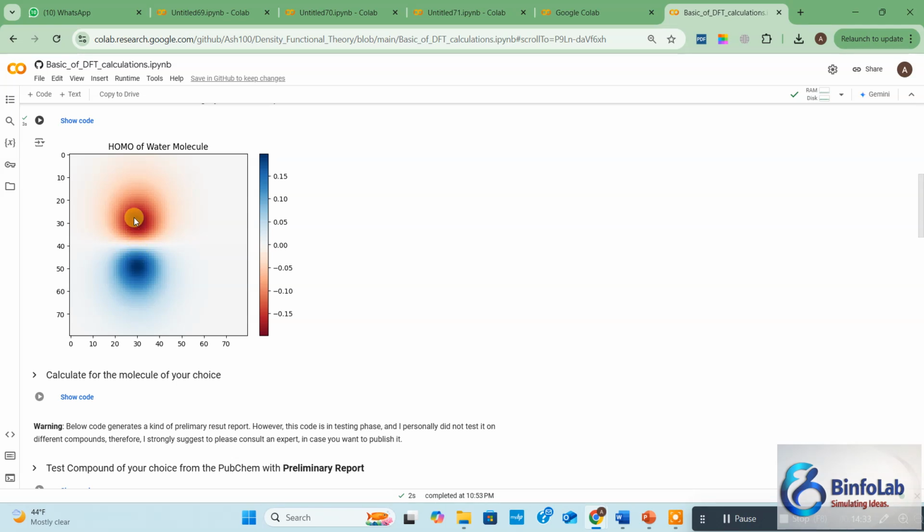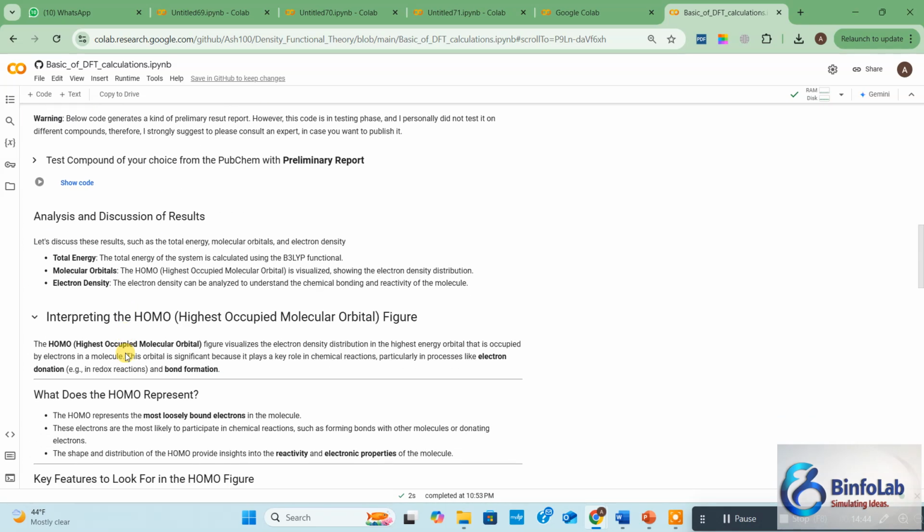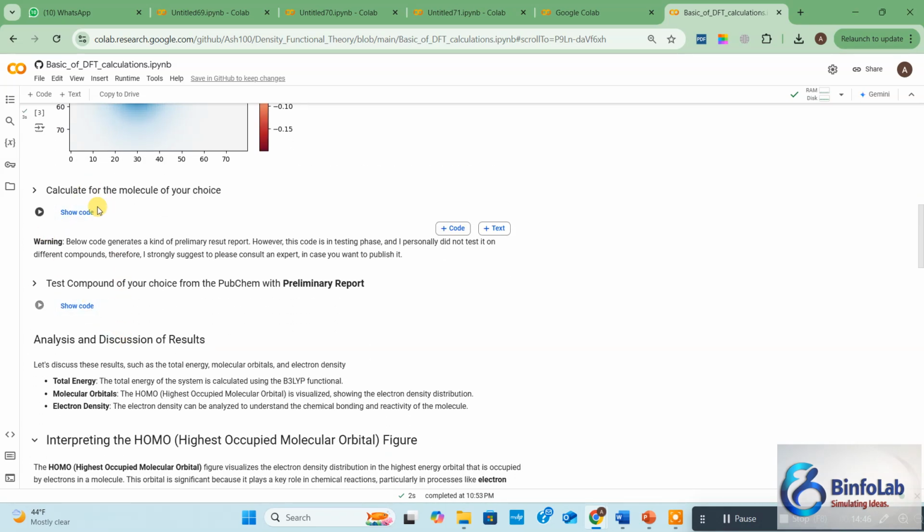You can say these two dots are basically the electrons, and this is the density. Okay, now we will explain it here. Now here it says to calculate for the molecule of your choice. Okay, so we will just skip it this time.